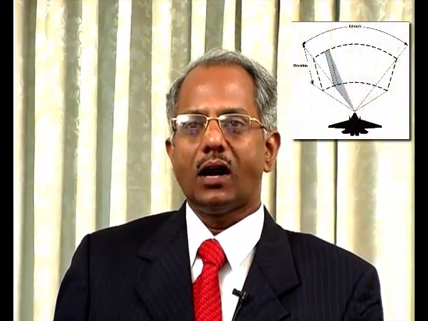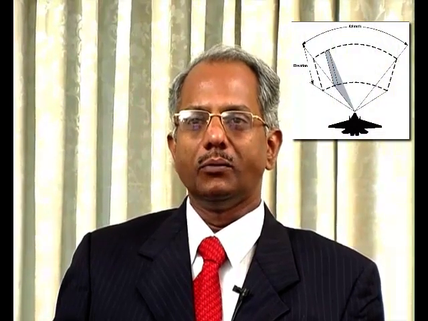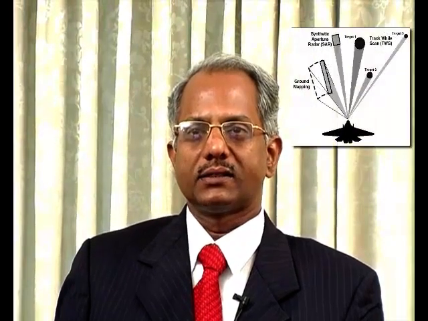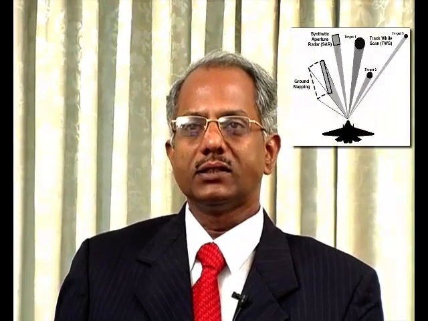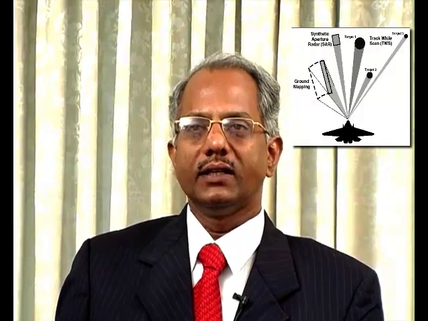This is tracking while scanning is going on. This diagram indicates how we can go with ground mapping. So CW illumination is for some varieties of targets, and putting all these things together can also be done. That is the multimode operation, which is possible with planar arrays.